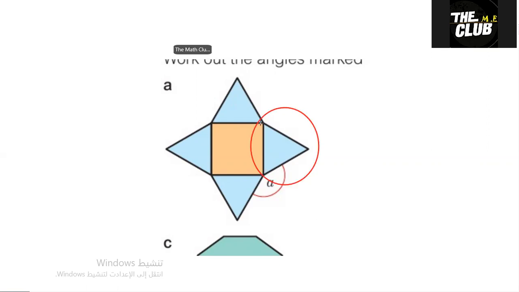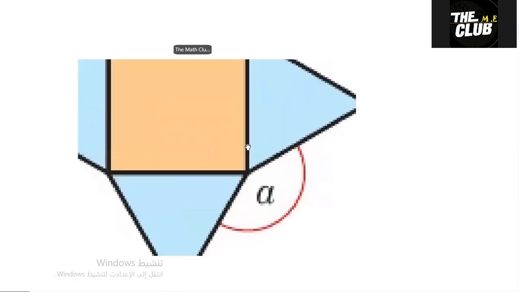It means all angles are the same. Now, we know that all angles are the same, so all angles add up to 180. It means when we zoom, we will say that this angle is 60, because all angles are the same in an equilateral triangle. So all of them are 60.